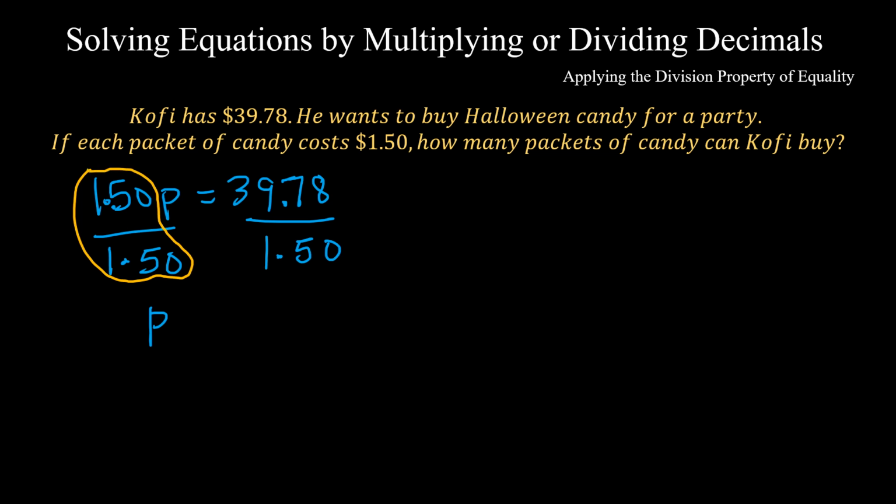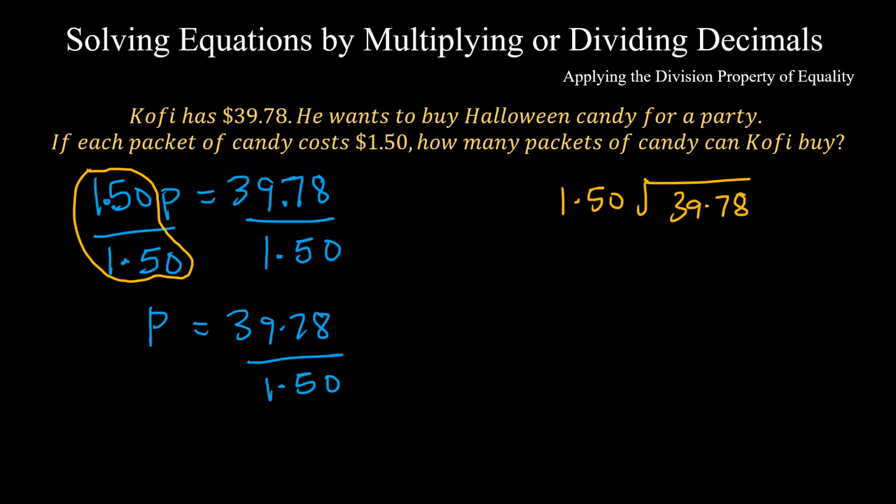So P is 39.78 divided by 1.5. Okay, so let's try the division here. So we have 1.5 into 39.78. Now, because we have this decimal, we need to move it.